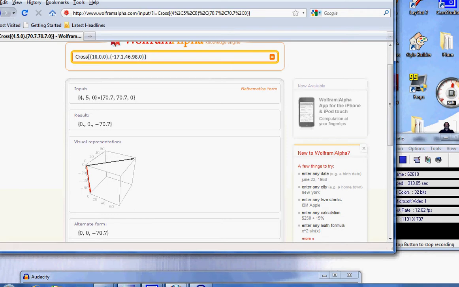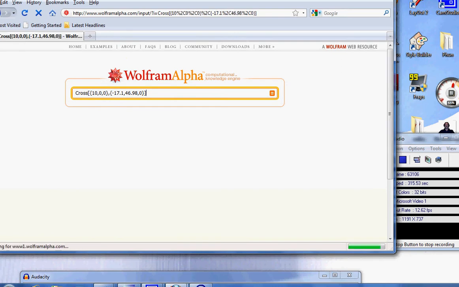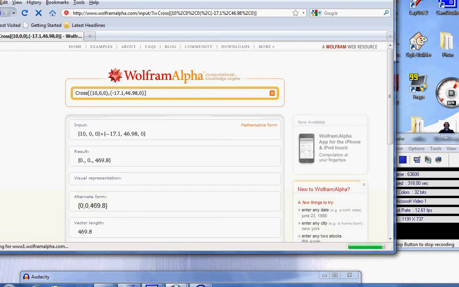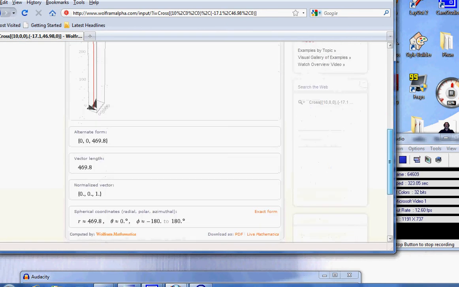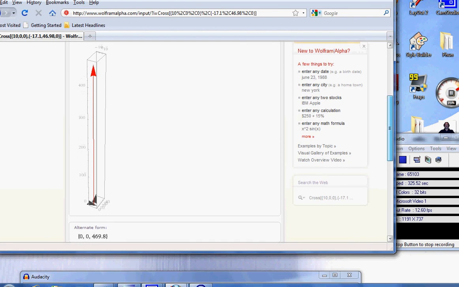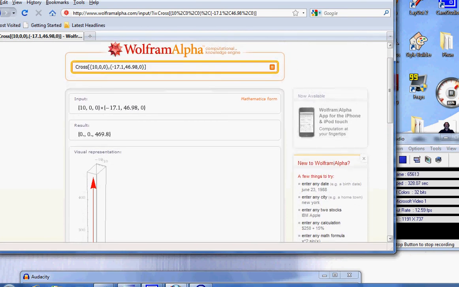When you hit return here, you should get an answer, and this time it shows your cross product vector. You notice how large that becomes because, when you multiply vectors out, the magnitude of the moment is going to be the area enclosed by those other two vectors. So the second moment here is 0, 0, 469.8. That was for the one out at 10 feet. You can go through that process, and I'll finish it out here.